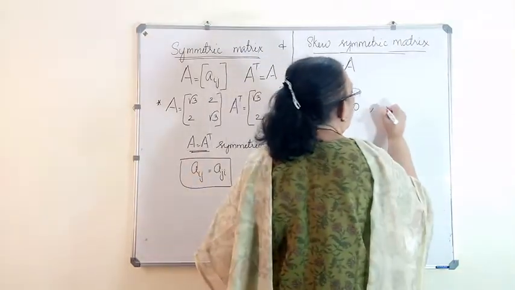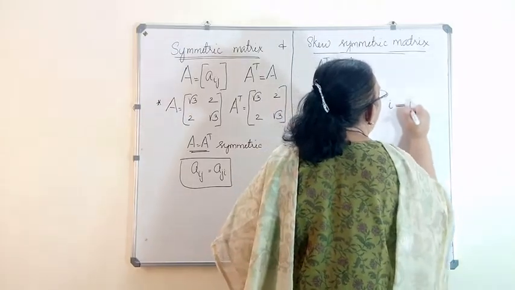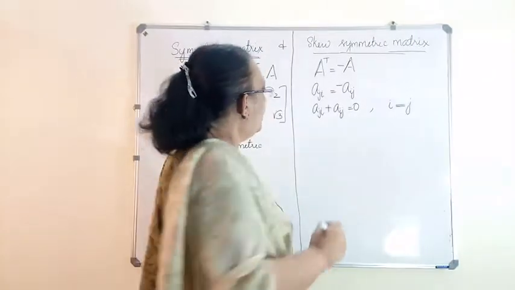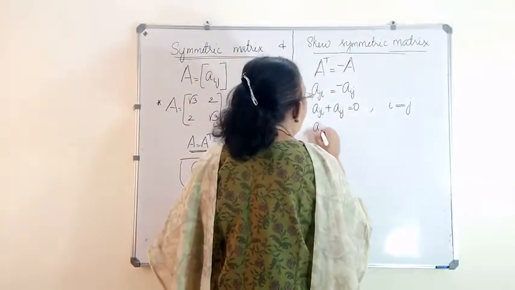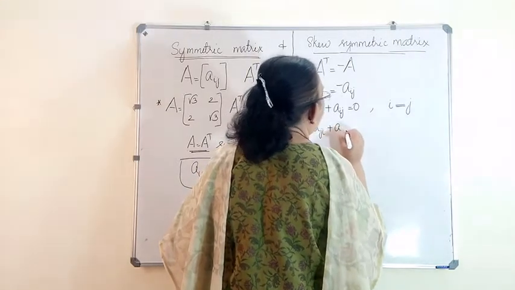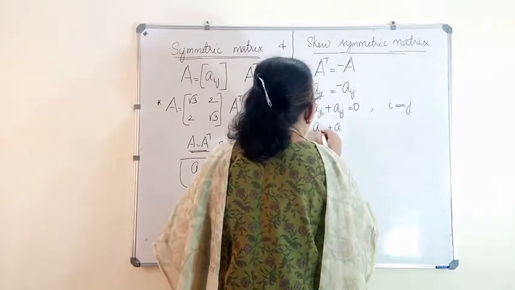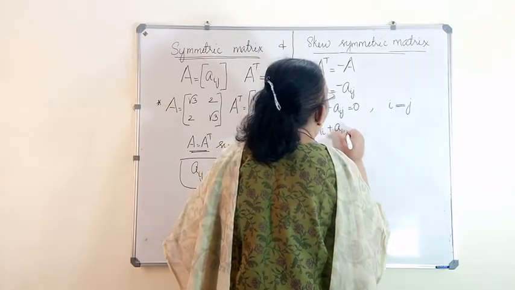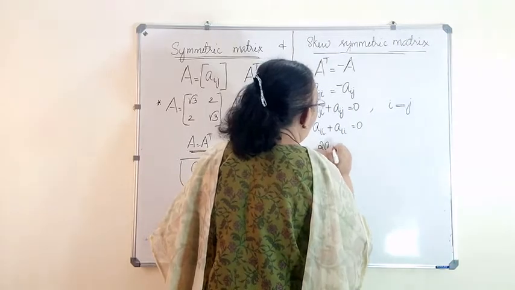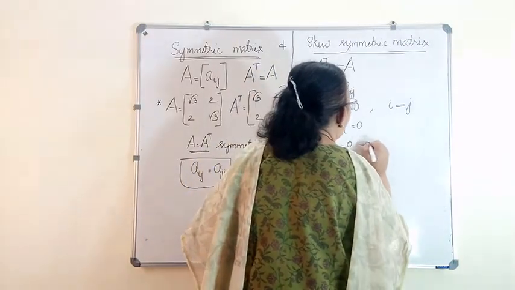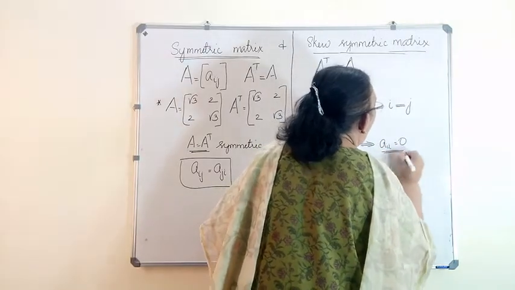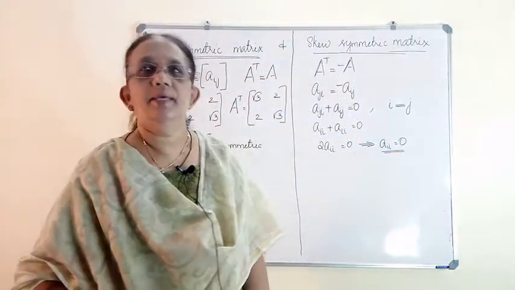But in the particular case when i is equal to j, we can say that Aii plus Aii is equal to 0, or 2Aii is equal to 0, which means that Aii is equal to 0. What do you mean by Aii is equal to 0?